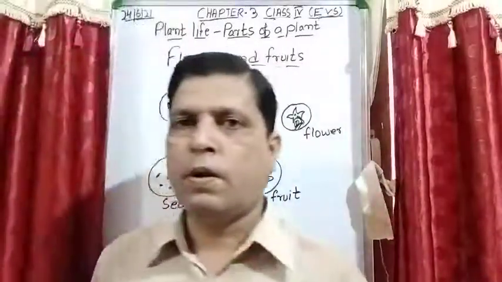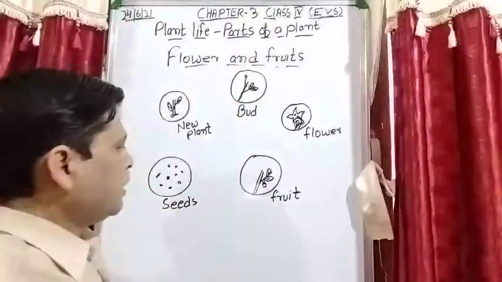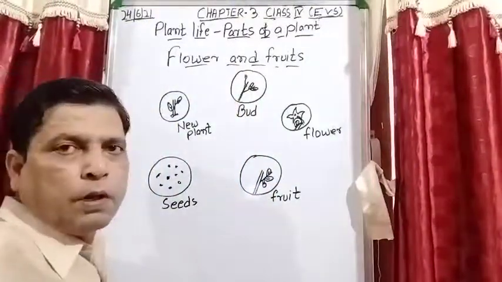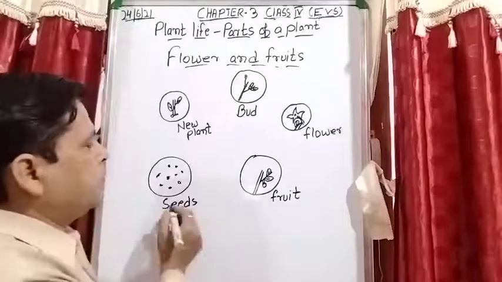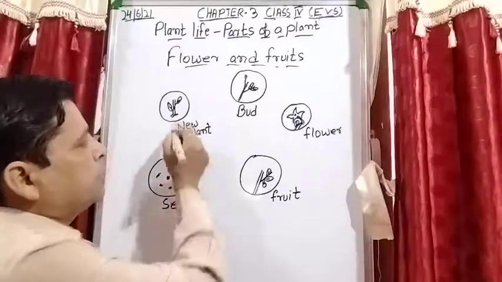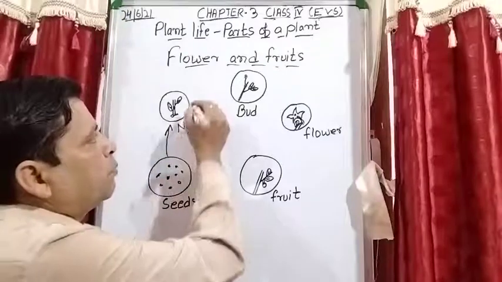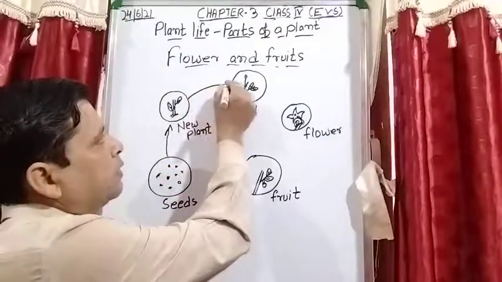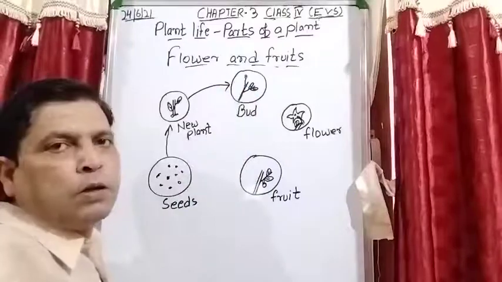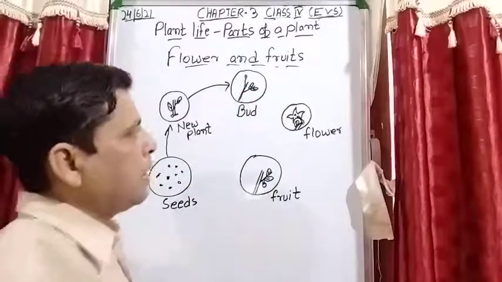So in this manner this is the life cycle of a flower. First these are the seeds. From the seeds a new plant comes. From the new plant, after some time, you will see buds on the plant.